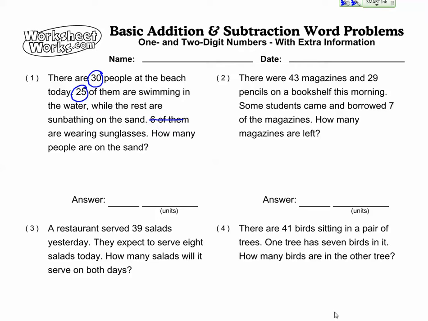So we've circled 2 numbers here that I feel are important for answering the question, how many people are on the sand. U stands for underlining any words that tell us what operation to perform, or also when we go to the question, whatever comes after how many people are our units.